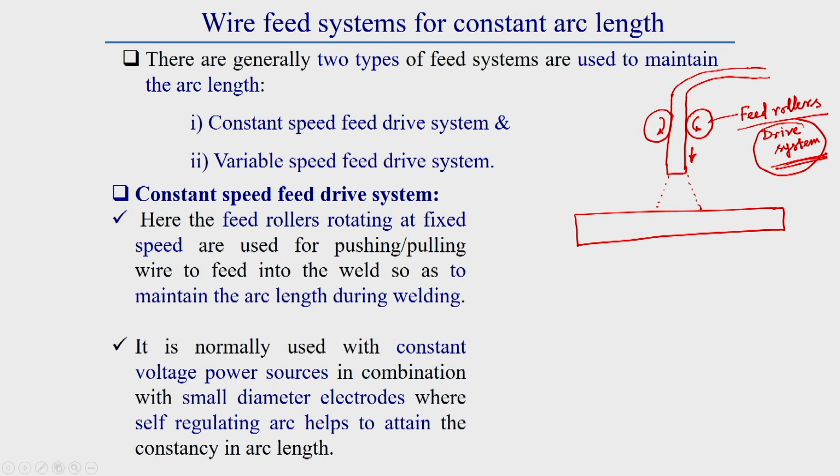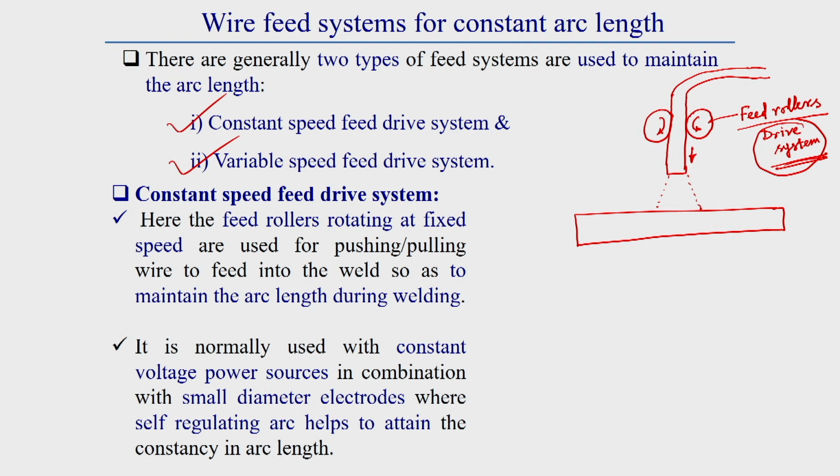So, depending upon the output of this drive system, there are two different types of wire feed system available: one is called the constant speed feed roller system, and another is called the variable speed feed roller system.